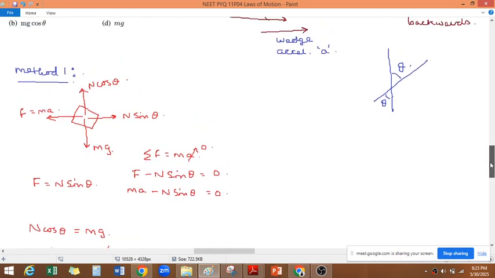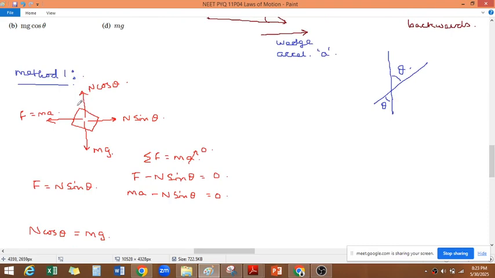So when we say force exerted by the block, this is like a pseudo force, because the passenger is getting pushed backwards. Nobody pushed him, but still he experiences some force, or it feels like somebody pushed him because of the car moving forward.